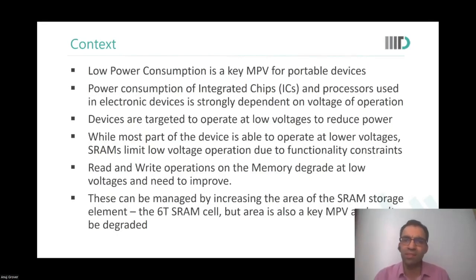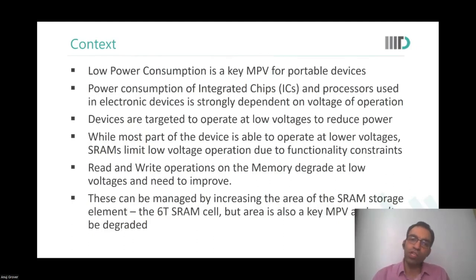This is basic circuits, which you may have done even in school. So because power consumption is dependent on the square of voltage, if you can reduce the voltage of operation, you can reduce power very significantly.